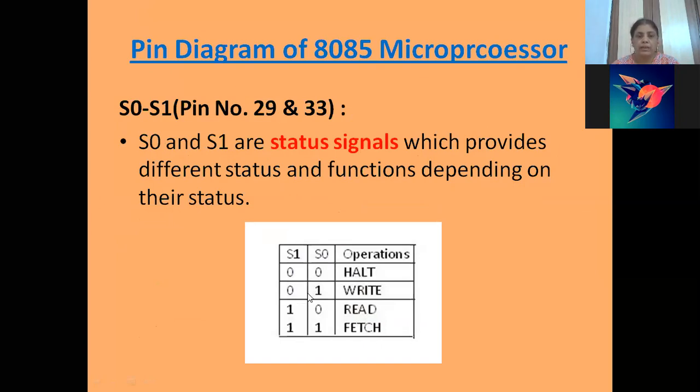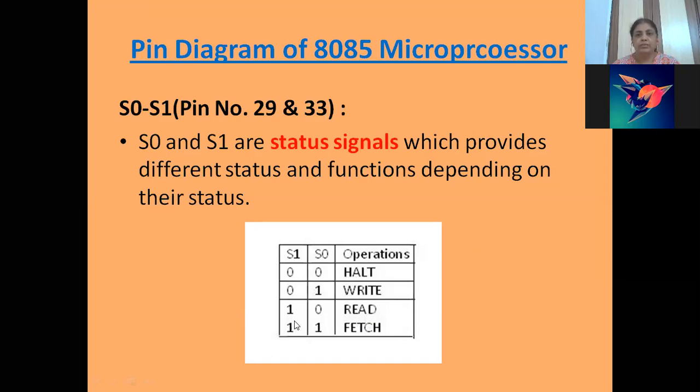And when it is 0 1, then the microprocessor is writing something. It is writing to an output device, or it can be to the memory, meaning you are storing something in the memory. And when it is 1 0, then it is reading something.